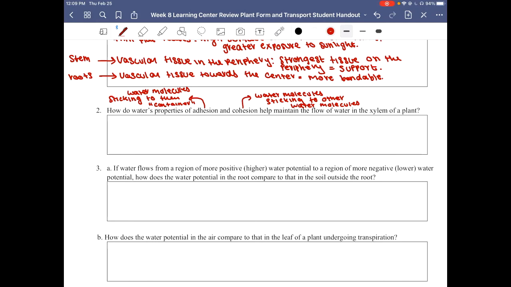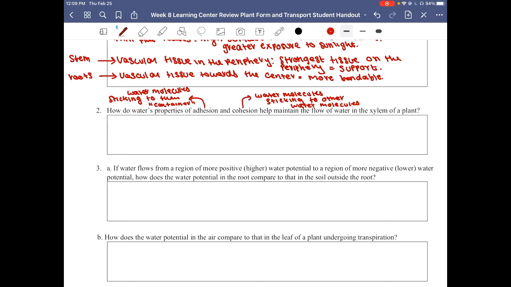Another comment says creates tension which pulls the water up through the xylem. Yeah, so what the water molecules are doing is first they're going to stick to each other. So each of the water molecules are sticking to the other water molecules. And then they're going to adhere to the sides of the xylem vessels, and they're also called the tracheids.